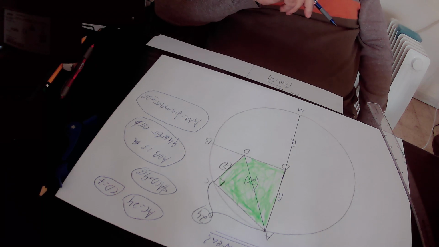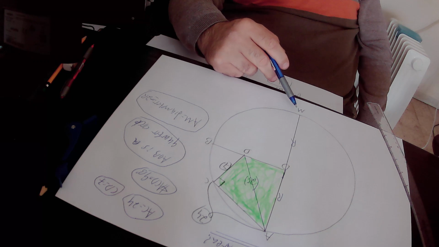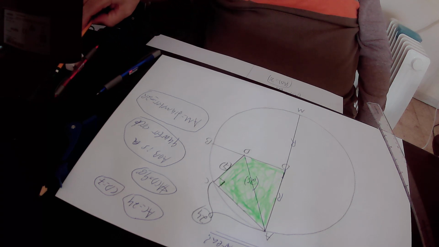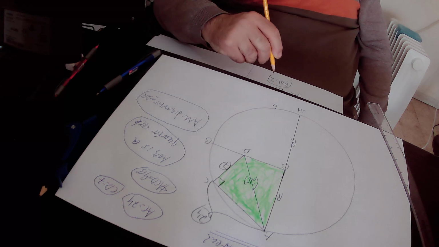We will assume that the extended side CD will not touch the circle at point M, but in any other point. For example, we'll assume that the extended side CD will touch the circle at this point, point N.